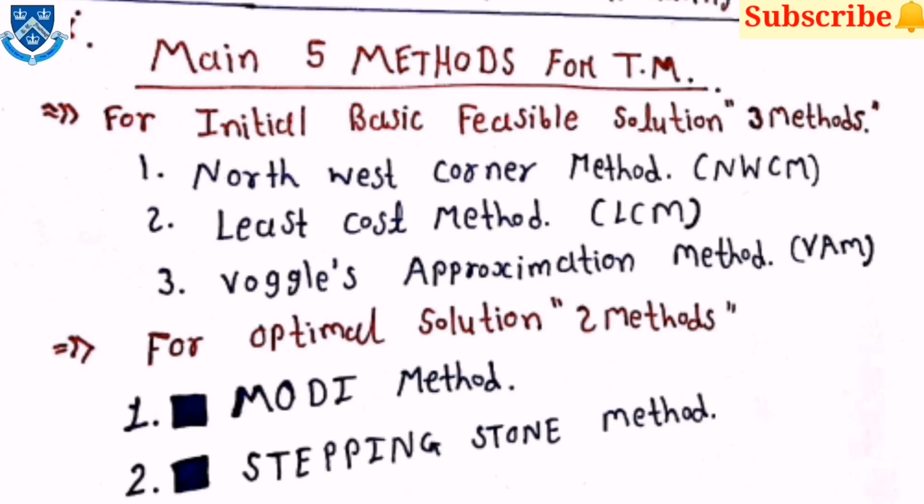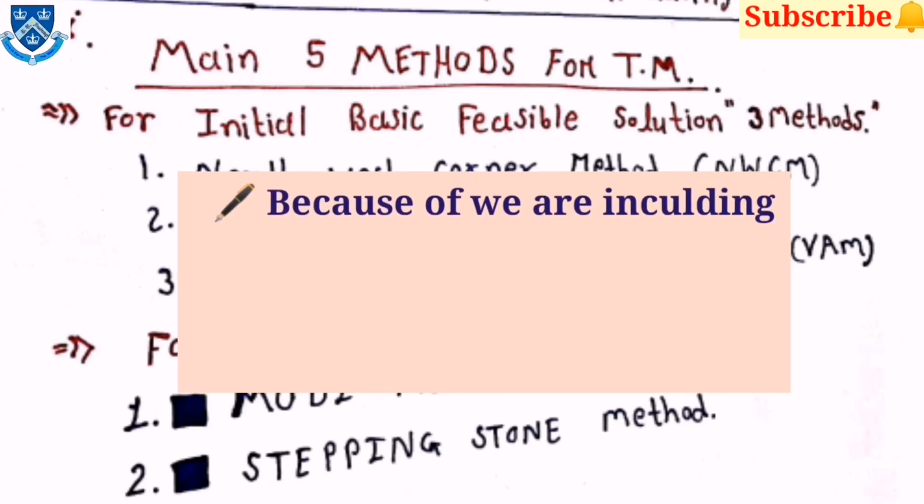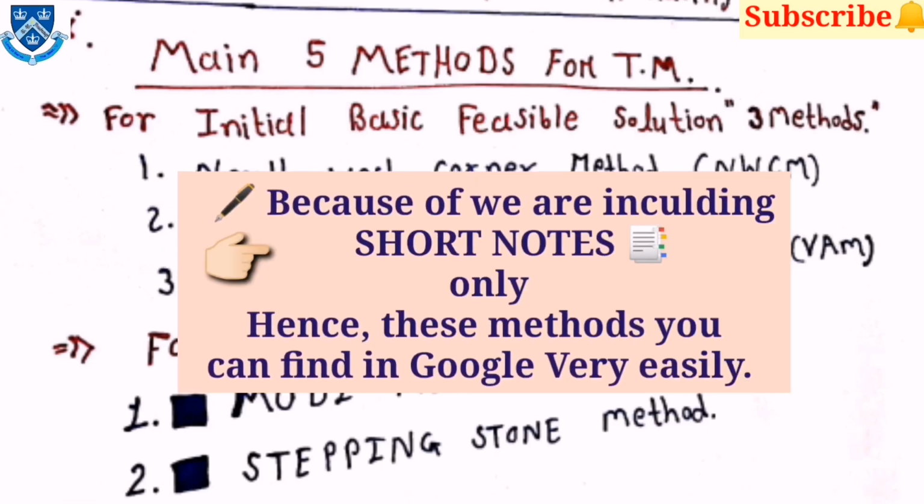Then for the optimal solution, there are 2 methods: the MODI method and the stepping stone method. Since we are making short notes videos only, we are not explaining the methods in detail. If you want to learn these methods, videos are available on YouTube, you can search there.